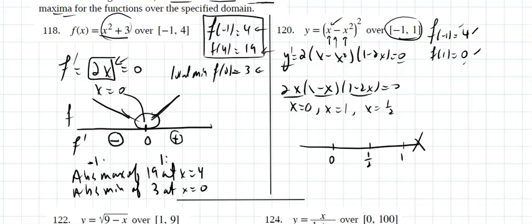Now, I don't need to worry about the right of 1 because we're going to stop at 1, but to the left of 0, say at -1 for testing. If I put -1 right there, 2 times -1 is negative, 1 minus a -1 is positive, and 1 minus 2 times -1 is 1 plus 1, that's positive as well.